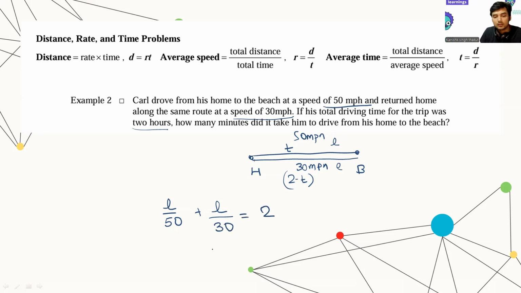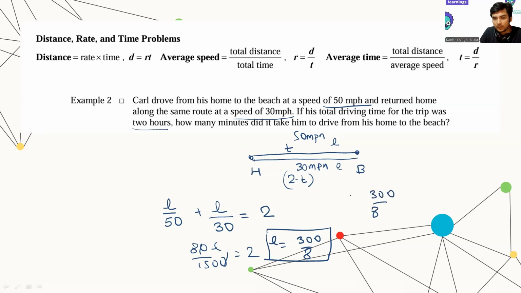So 80L over 1500 is 2. So L you will find out, and then you'll just do L over 50, you'll get this thing, right? So that's it. So 300 over 8, you'll get this L, right? Then distance, so 300 over 8 upon speed.